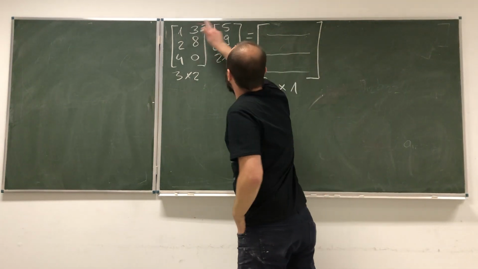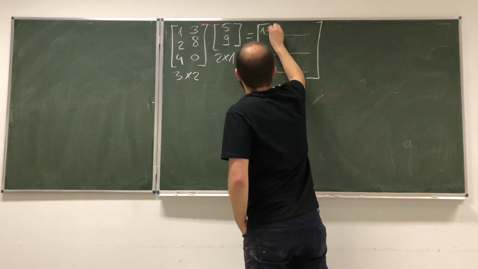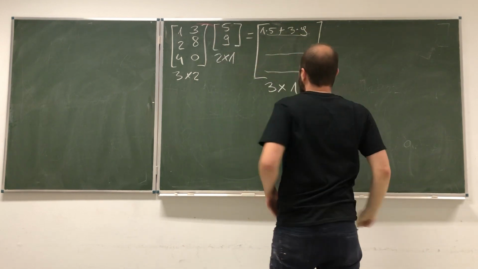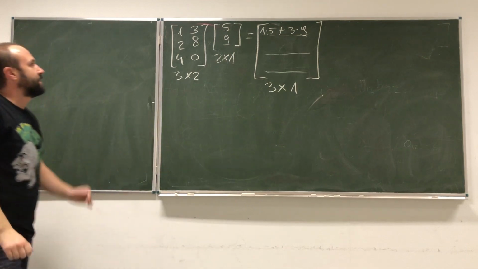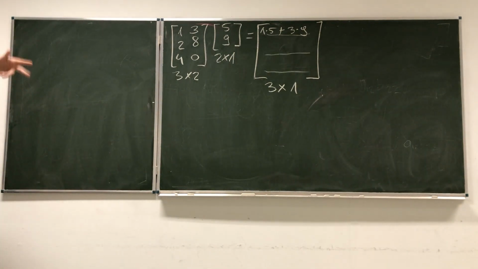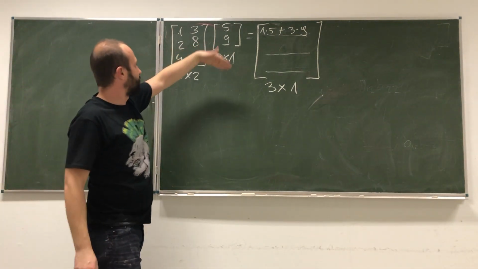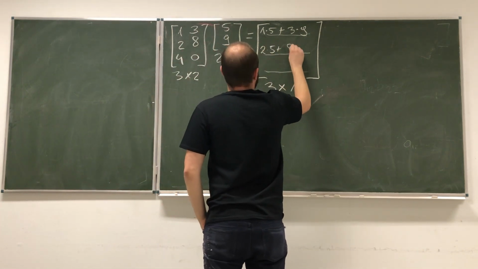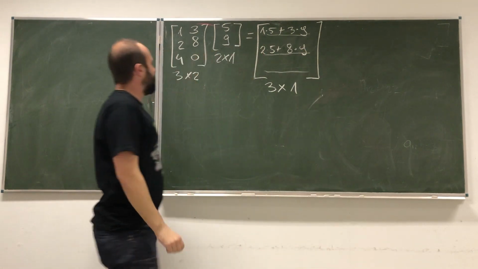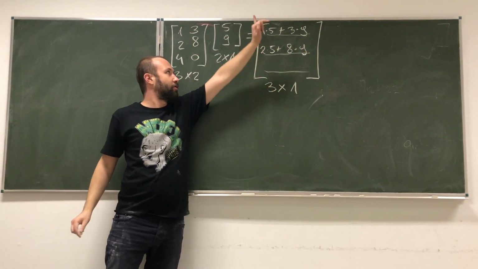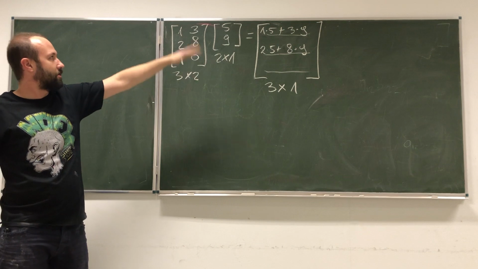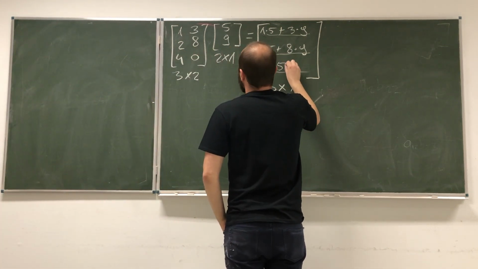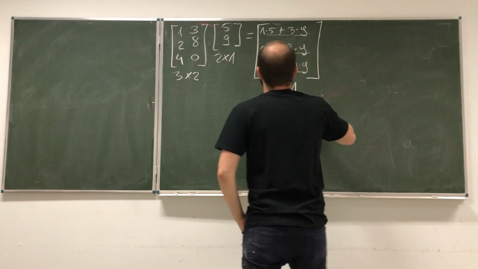So we get 1 times 5 plus 3 times 9. Then this element lies in the second row, first column, so we use second row, first column. This is 2 times 5 plus 8 times 9. Now, this element lies in the third row, first column, we use third row, first column. 4 times 5 plus 0 times 9.